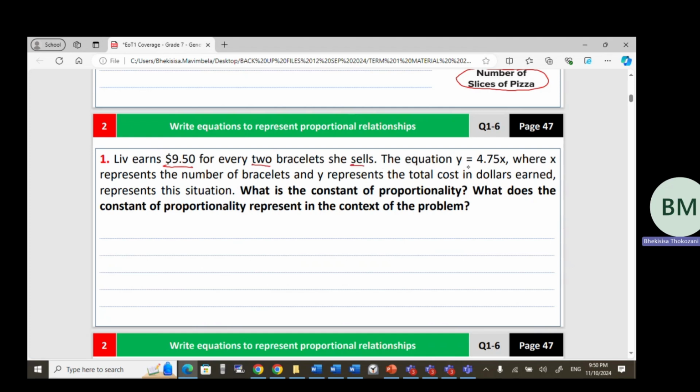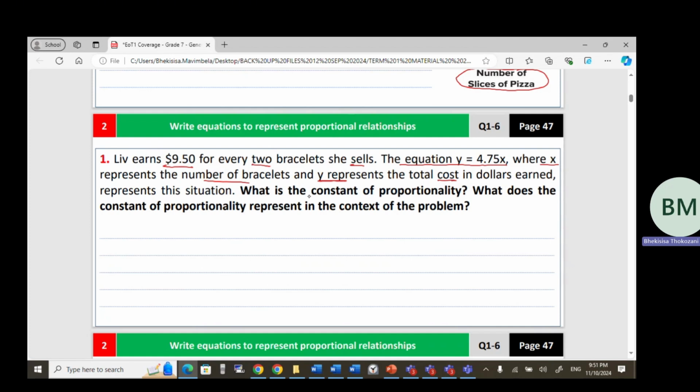But once you are given an equation, your life becomes much easier. Okay. It says the equation is y equal to 4.75x, where x represents the number of bracelets and y represents the cost in dollars earned in this situation.